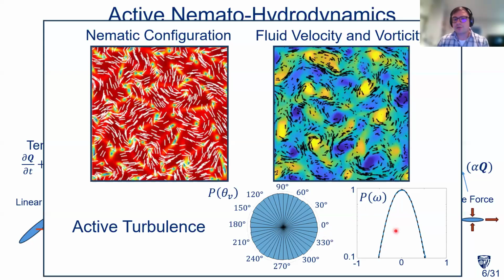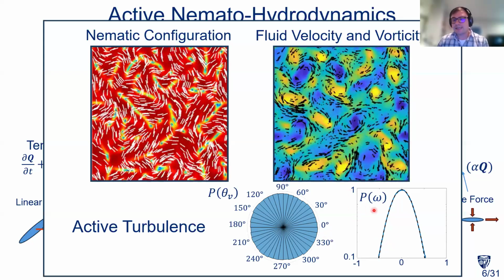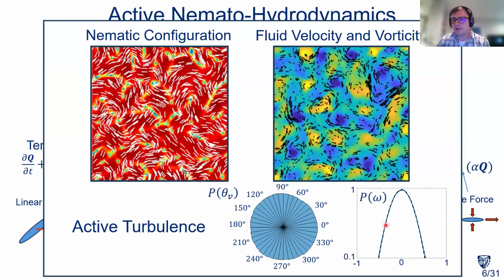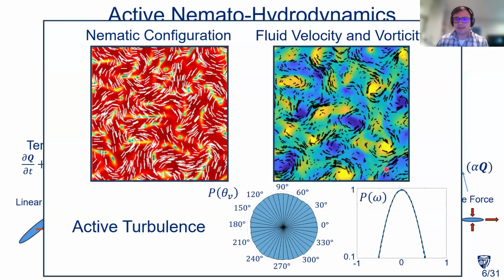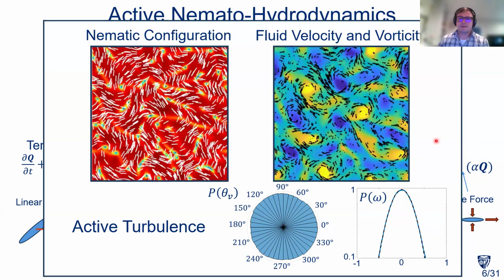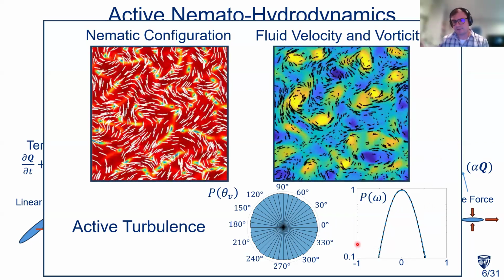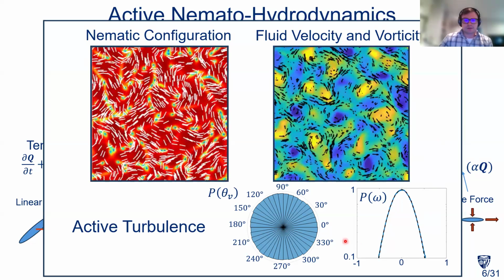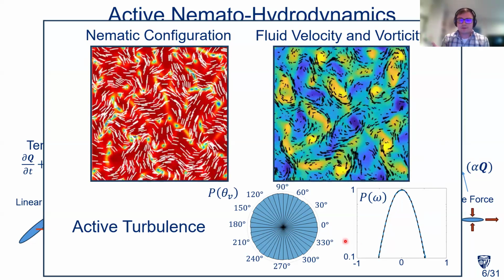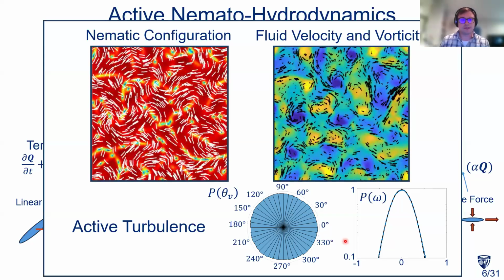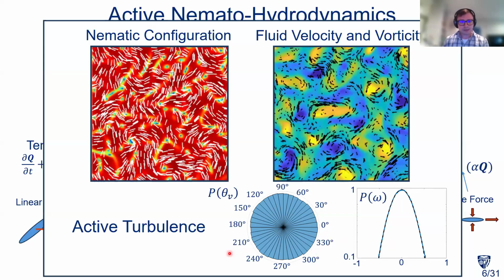And also the distribution of vorticity is very close to Gaussian. So here the blue curve is the vorticity distribution for this simulation, and the black dotted line is a perfect Gaussian. So you can see it's very close to that. So I'm going to be using these statistical measures to compare to very soon. So just keep these in mind.